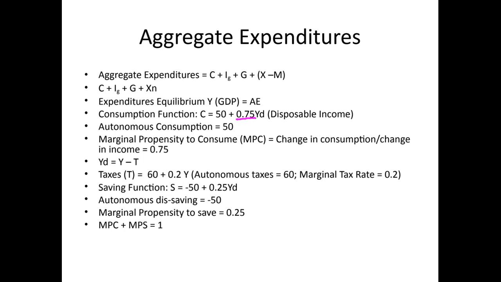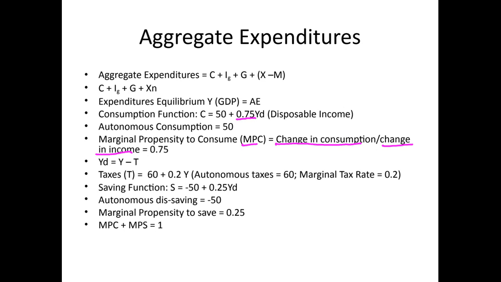What is MPC? The formula to calculate MPC is change in consumption divided by change in income. It should be disposable income, but income here means YD, which I have taken. Change in consumption divided by change in income is 0.75. What is the meaning of this?